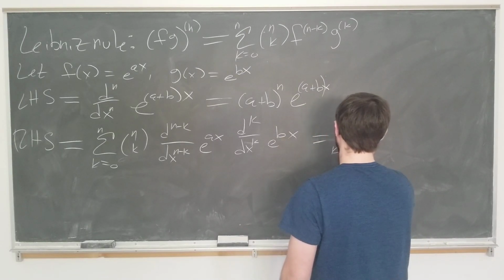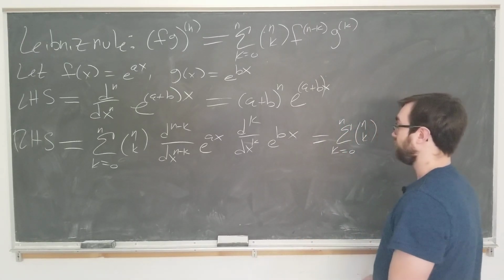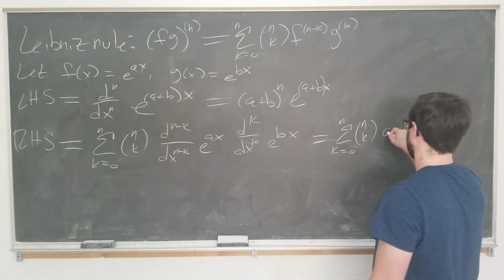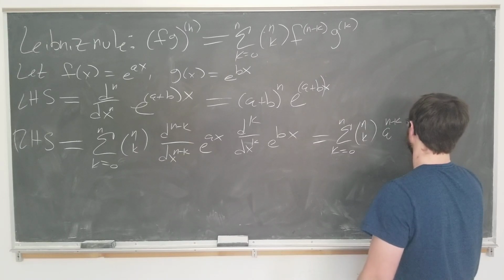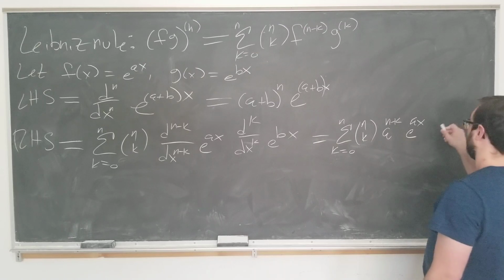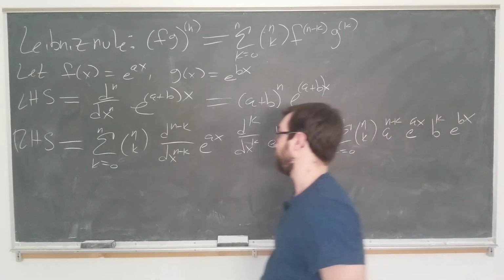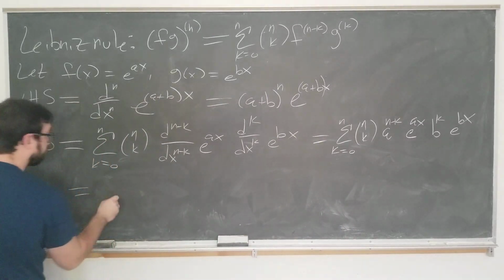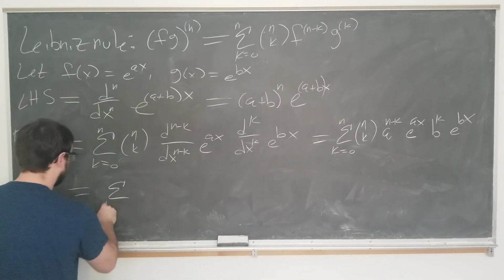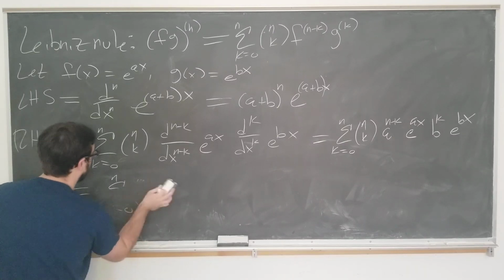Sum k equals 0 to n, n choose k. Now we have a to the n minus k, e to the ax, b to the k, e to the bx, which we can simplify as sum k equals 0 to n. Gotta factor out some stuff.